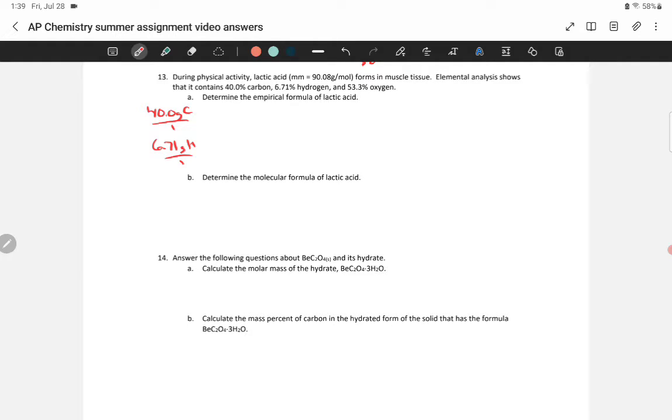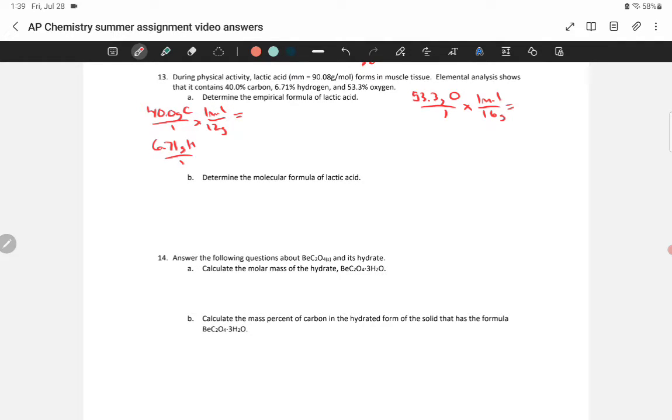I'm not going to have enough room to put the oxygen, so I'm going to move it way over here. 53.3 grams of oxygen. Okay, so 1 mole weighs 16 grams for oxygen. 1 mole weighs 12 grams for carbon.